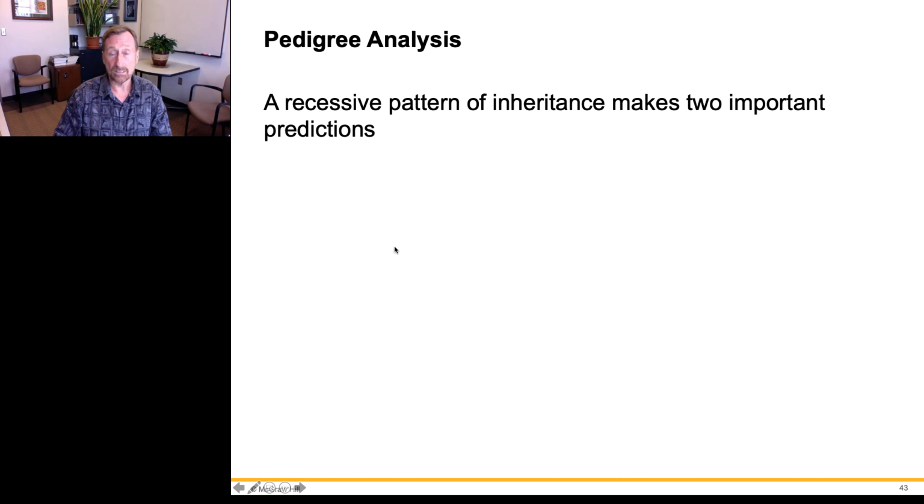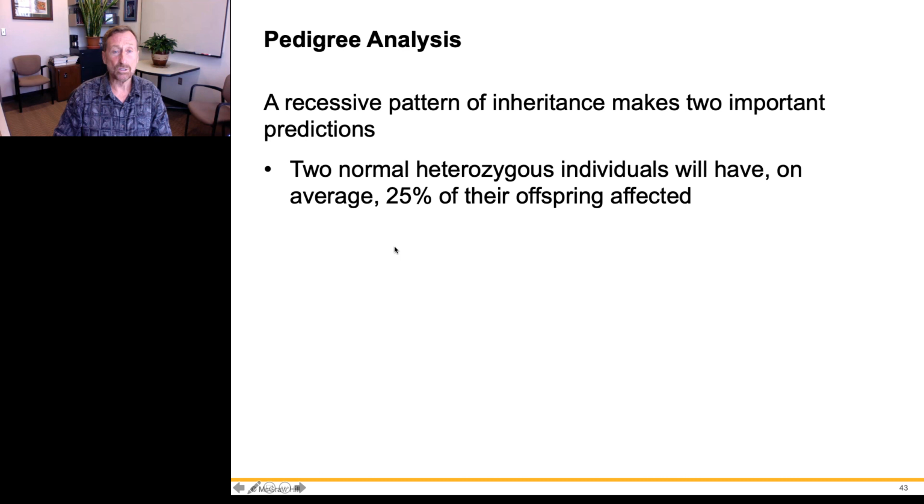As far as a recessive pattern of inheritance goes, this is just an example. Two normal by normal heterozygous individuals, we mean individuals who are not affected with the disease, on average have 25% of their offspring affected. So again, I don't like to use the word normal. I'm using it here at first so you get a sense of what it means.